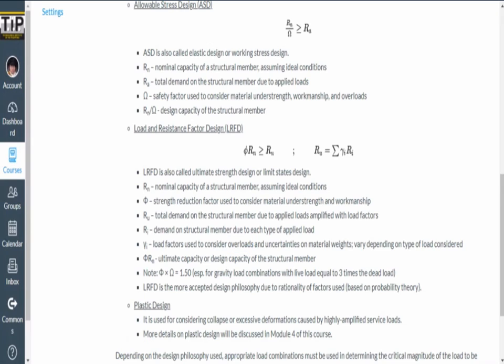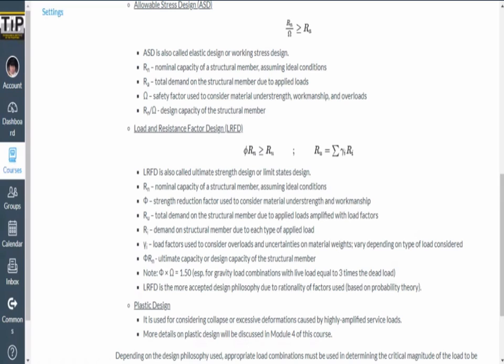While in ASD, the factor of safety is pretty much a single factor. Kumbaga, parang lump sum na to. Isahan na lang. Okay? And these safety factors are usually derived due to previous experiences. That's why this one is a bit less reliable than LRFD.